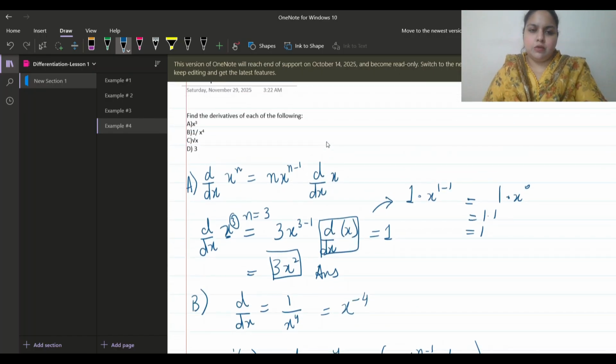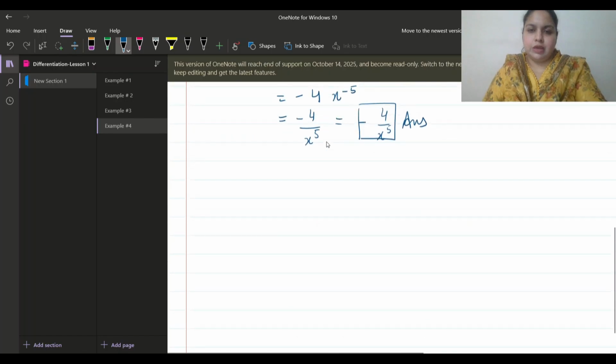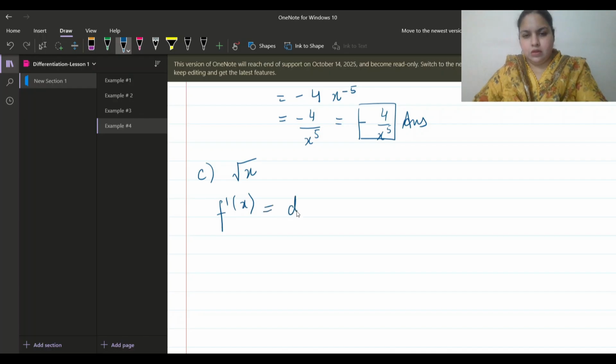Now let's come on to our square root of x. It is our part C. So again, d upon dx. Okay, so what is the square root? Square root is 1 by 2, right?